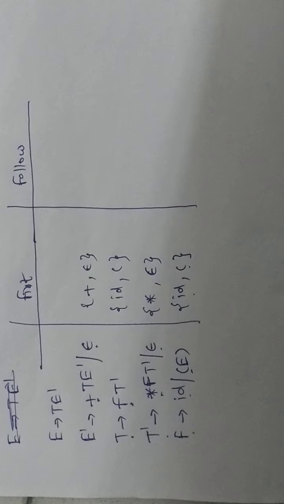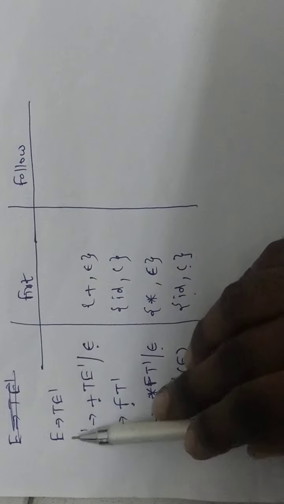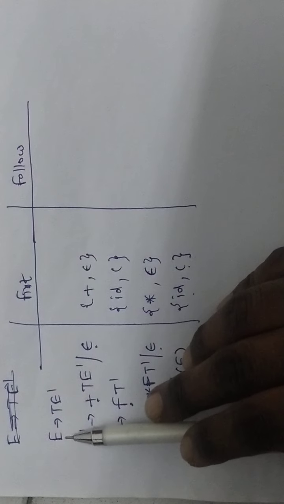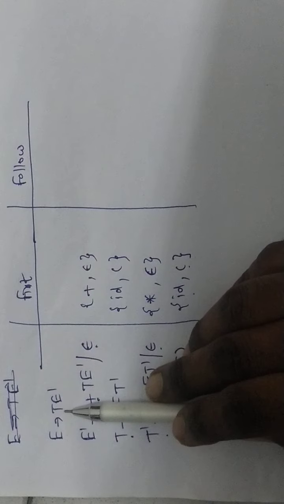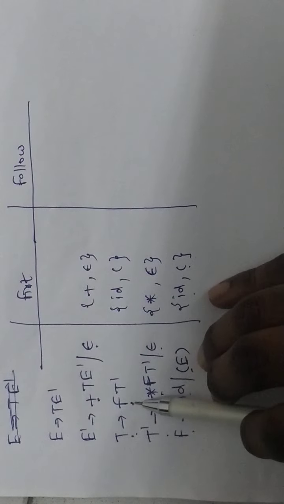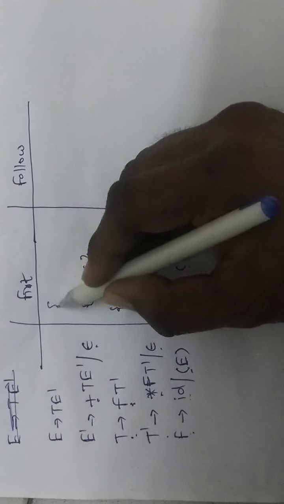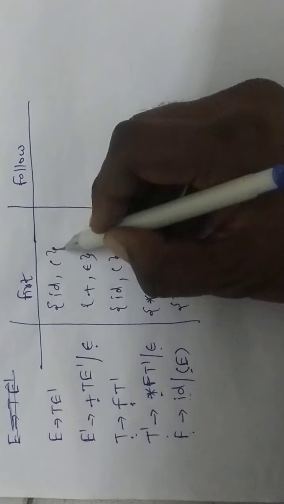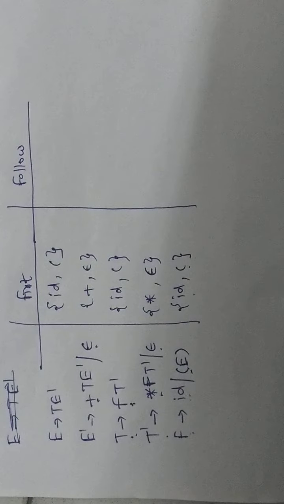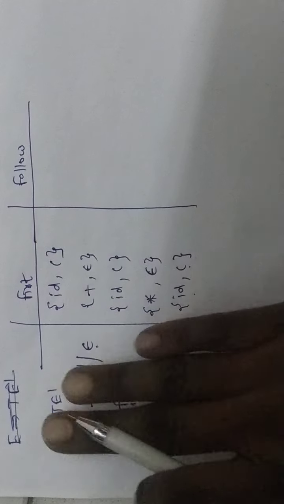In the same way, first of E is first of T. What is the first of T? First of F, id, open bracket. So first of E is also id, open bracket. So this is the first of these non-terminals.